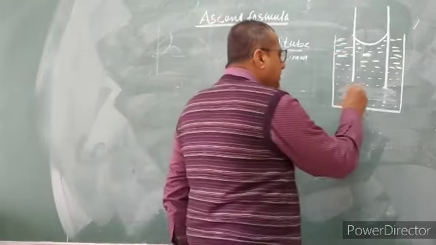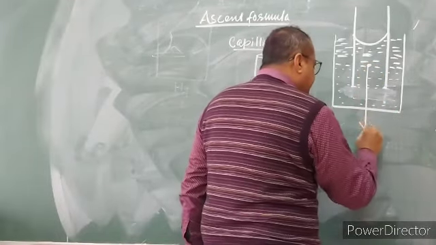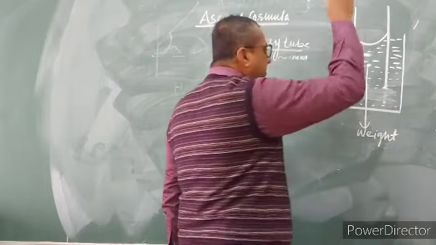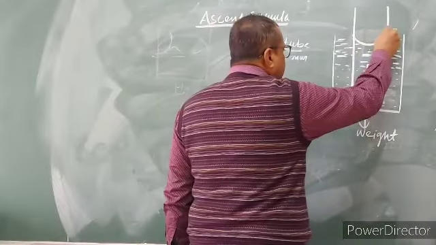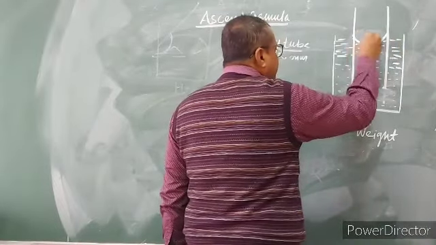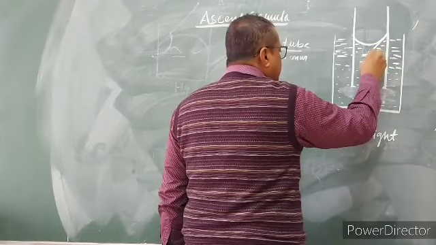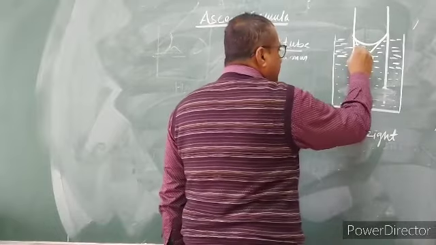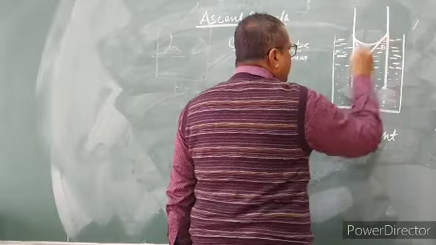So certainly there will be a center of mass of this liquid, its weight acting downward, and a certain force acting upward. Suppose this is the upper meniscus. Here there will be a tangent, this is the surface tension, here is also a tangent, this is also surface tension, and this is the angle of contact, theta.